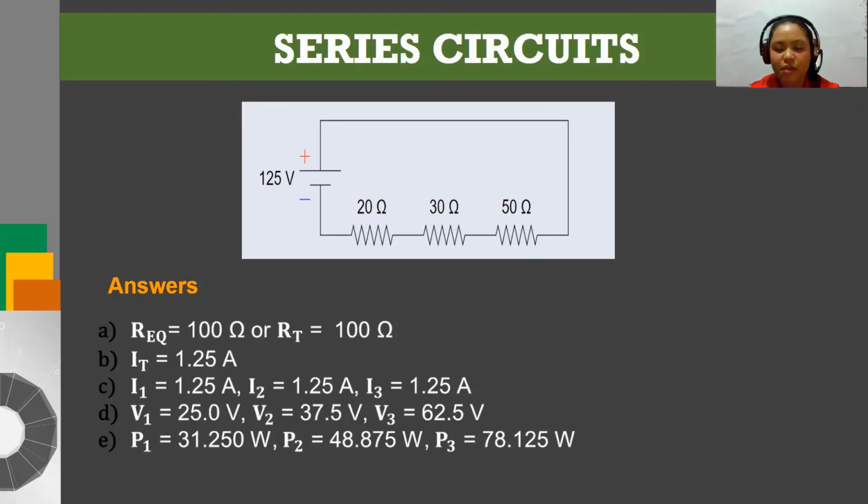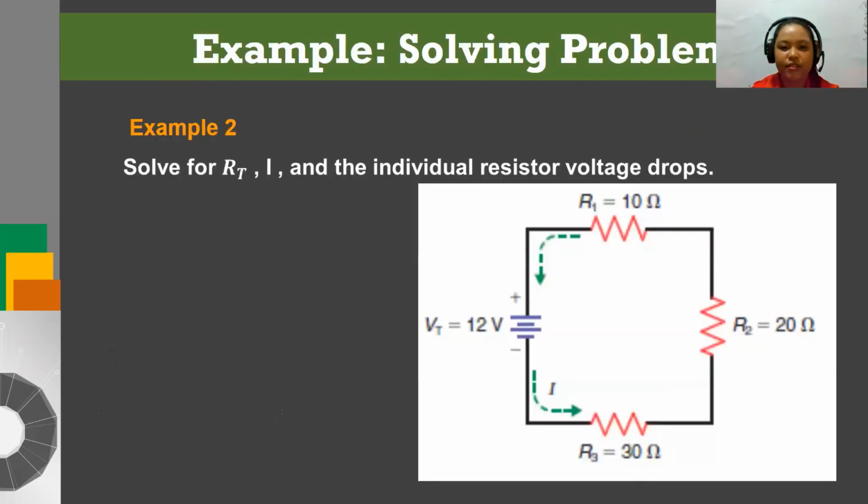The power dissipated in resistor 2 is equal to 48.875 watts. We also have the power dissipated in resistor 3, which is 78.125 watts.